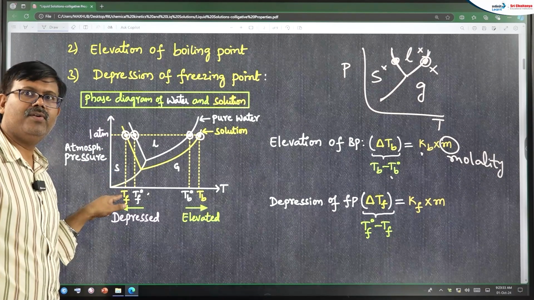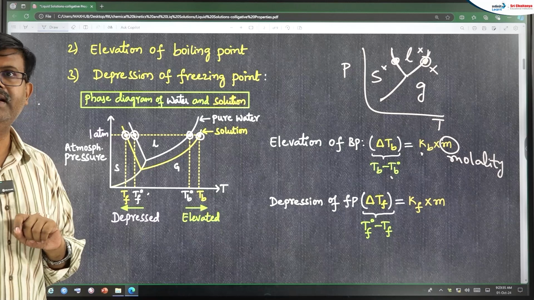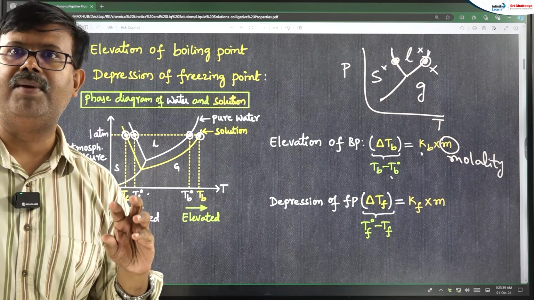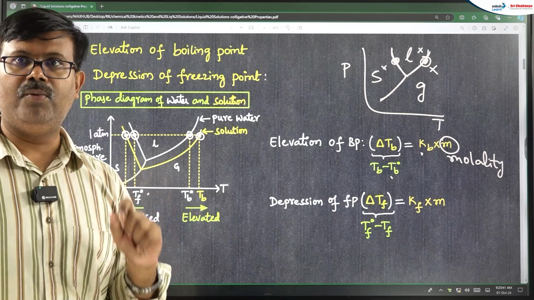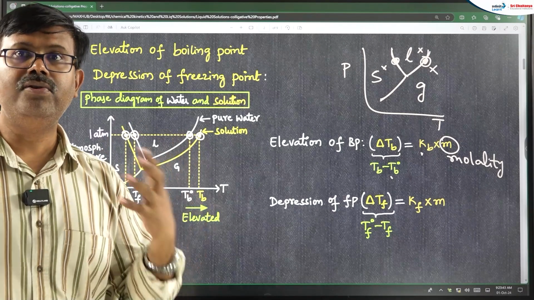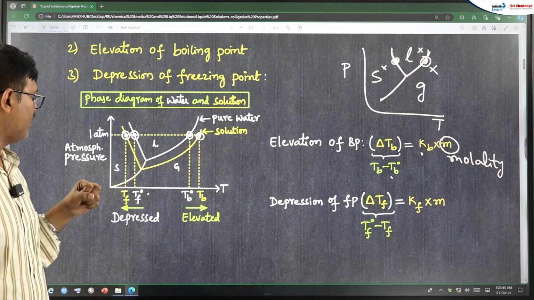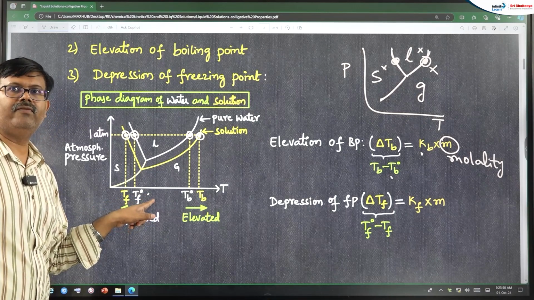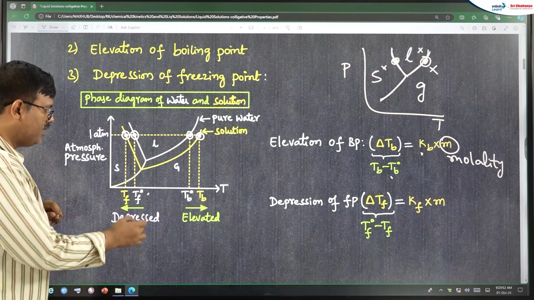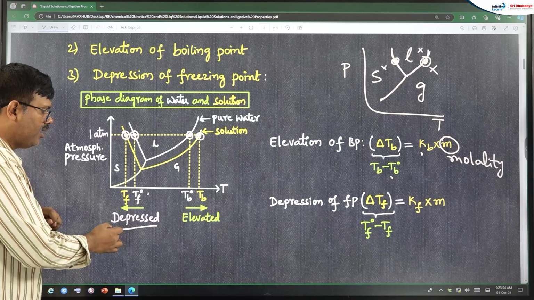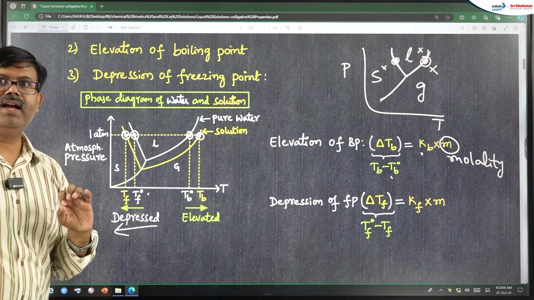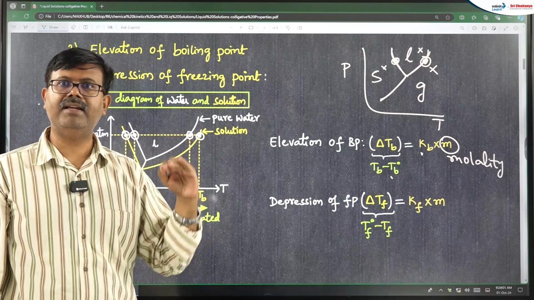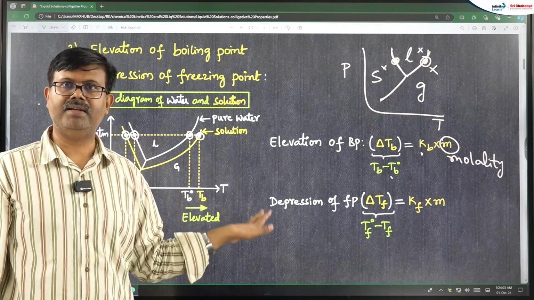The corresponding temperature is denoted as Tf. Tf means the temperature of freezing point or melting point of the water in case of solution. In case of solution it is Tf, in case of pure liquid water Tf naught. So if you notice here, from Tf naught to Tf, the value has reduced. That means a depression, a decrease in freezing point took place here.